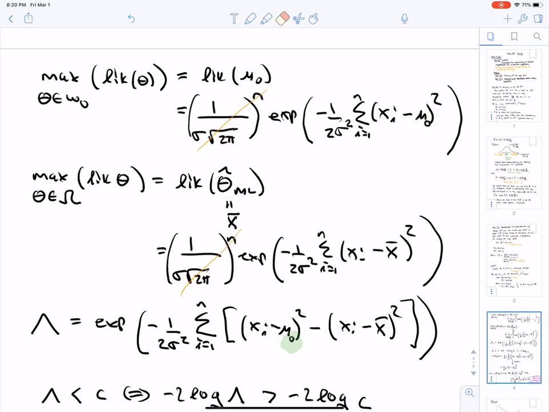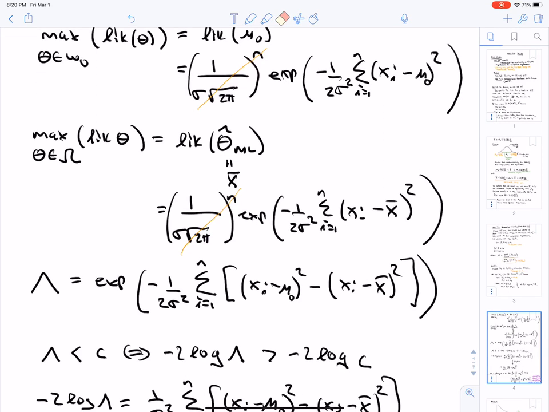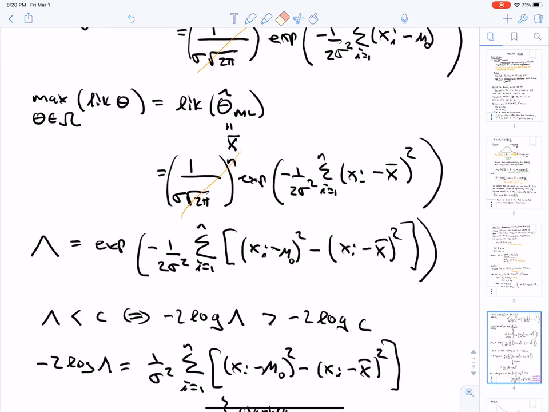And notice that the 1 over sigma square root 2 pi to the nth power cancels in the numerator and the denominator, and we get lambda is equal to the expression given here. I'll highlight that.